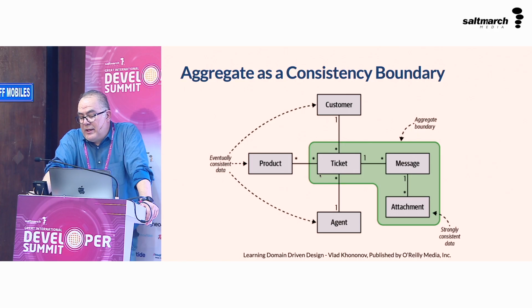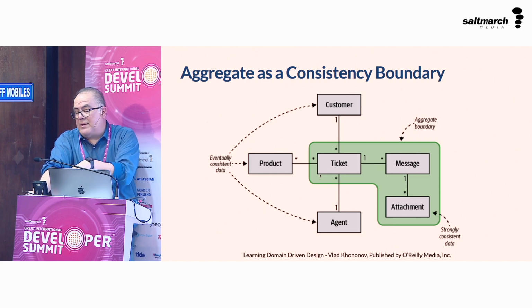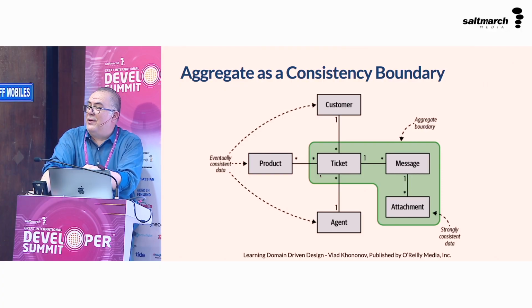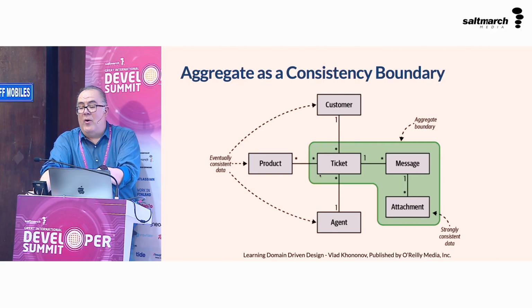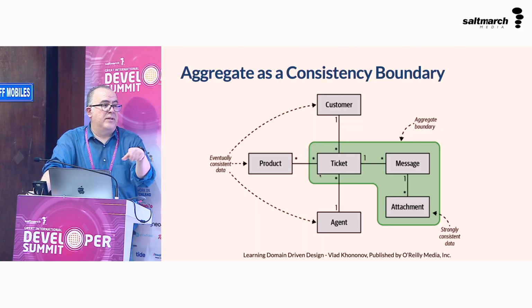That means that if you're dealing with ticket, message, and attachment, you're using the object graph for those. Ticket will have a reference to message, and message will have a reference over to attachment. Everything else outside of this boundary is going to have a reference by ID only. What? Only by ID only, which means you reify that afterwards. And what does that mean?